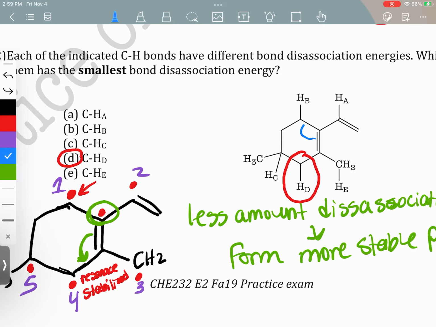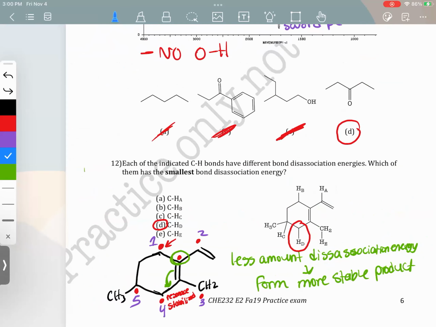You could resonate it here, and then that radical will end up here, also in a tertiary position too. So yeah, you can definitely do that. But it's a bigger dissociation energy than the one for D. Honestly, it's quite the same.